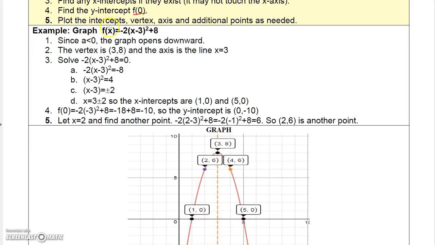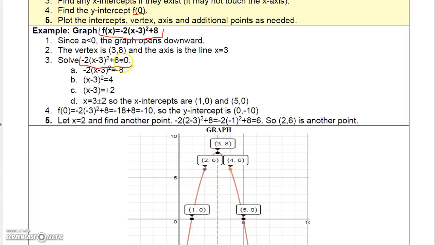All right, let's look at one that's written in the standard form. Here I know that it opens downward since a is negative 2. I know that 3, 8 is the vertex, and the axis of symmetry is the line x equals 3. If I try to solve for x-intercepts, I set it equal to 0.